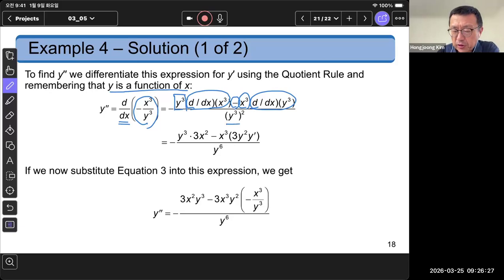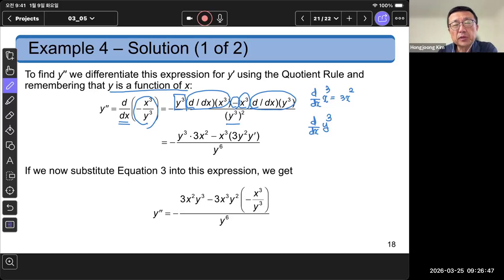If I differentiate x cubed, you get 3x squared. Now when I differentiate y cubed with respect to x, as I said, y is a function.